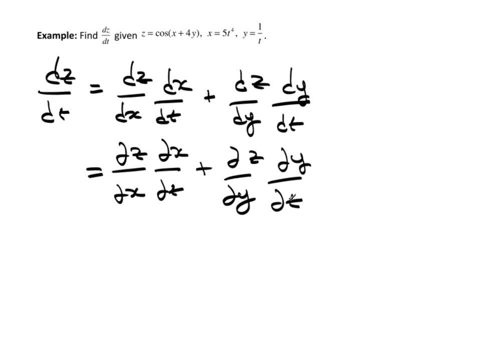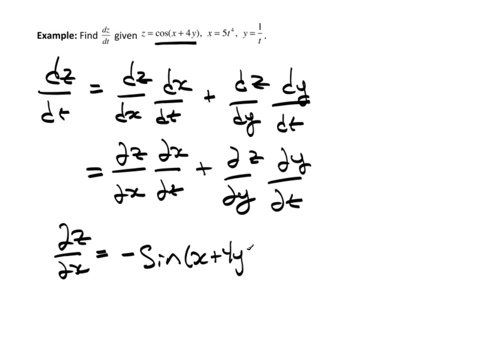So if I break this down component by component, the partial of z with respect to x, that's going to be the derivative of this with respect to x, which will give me a negative sine of x plus 4y. The partial of x with respect to t, that's the derivative of this with respect to t, and that's going to be 20t cubed.